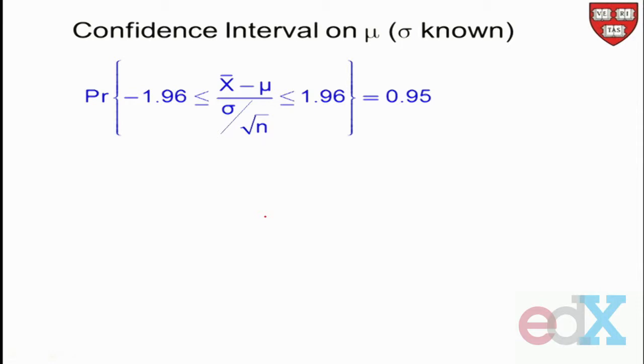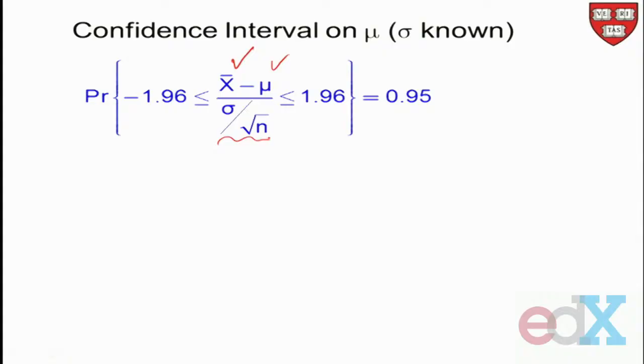So from the central limit theorem, we know that x bar, there's our variable x bar, has got mean mu and standard deviation sigma over the square root of n, the standard error. Let's assume that n is large enough so that we can make this statement that our standardized variate will take on values between minus 1.96 and 1.96 95% of the time.